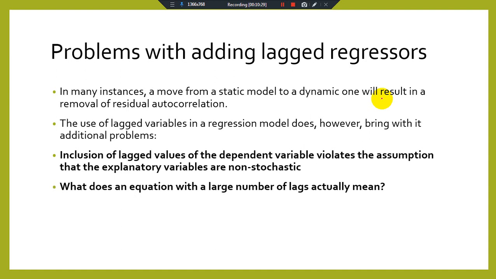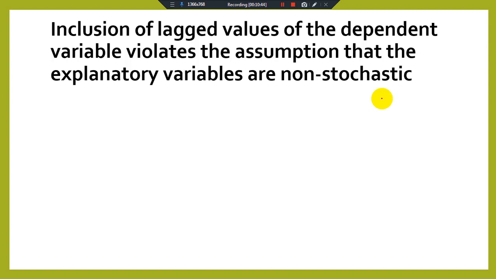And second one, what does an equation with a large number of lags actually mean? The last one is loss of degree of freedom. Okay, let's discuss the detail of inclusion of lag values of the dependent variable violating the assumption that explanatory variables are non-stochastic.